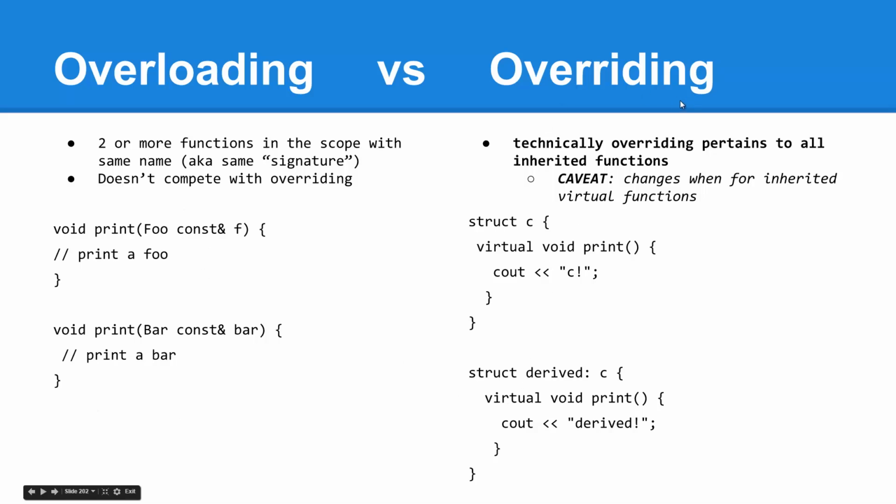Now, overriding is a runtime issue, and it pertains specifically to inherited functions. But there's an important thing to note. This changes in nature when it pertains to virtual functions and virtual methods of classes, especially when there are inherited classes.